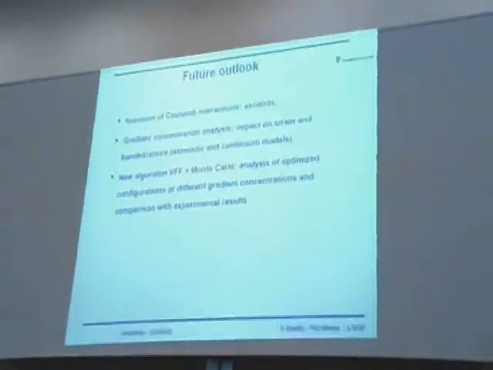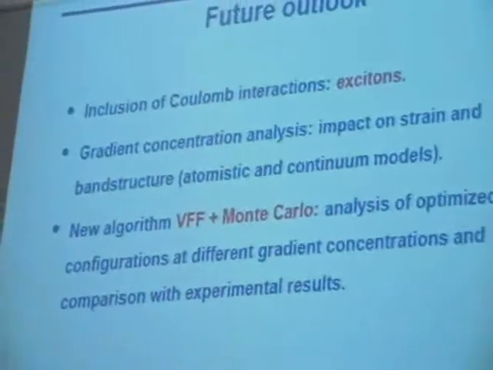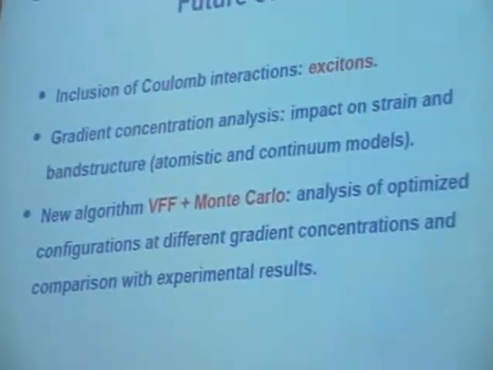I'm working on gradient concentration analysis to look at the impact on strain of a structure, both using atomistic and continuum models. And actually I'm developing a new algorithm, which is an idea of mine, which is a combination of VFF and Monte Carlo for the analysis of optimized configurations at different gradient concentrations, with a comparison with the experimental results. So basically this is the end.